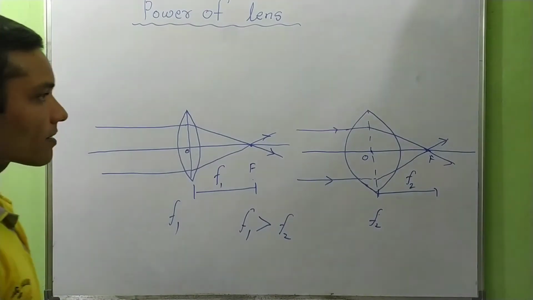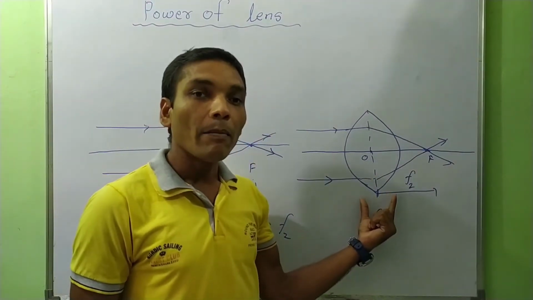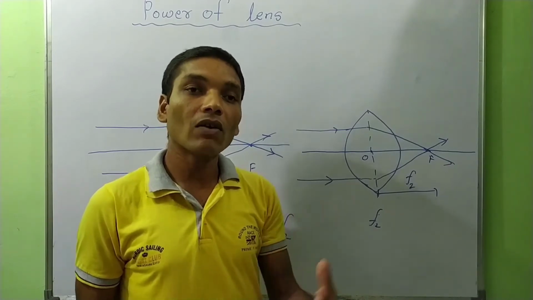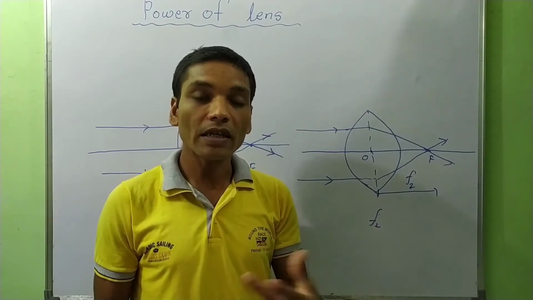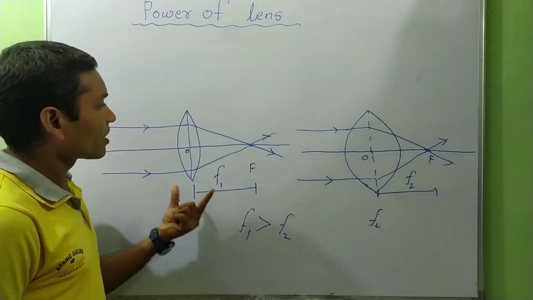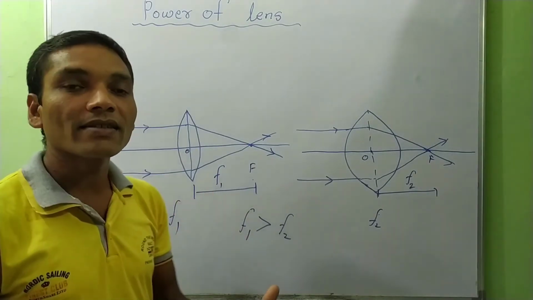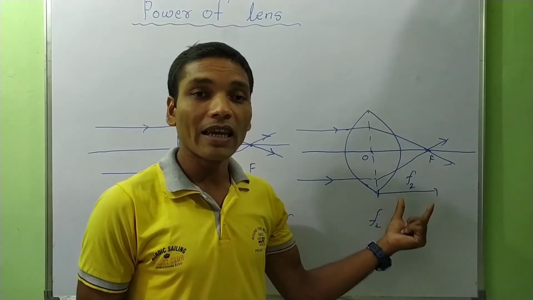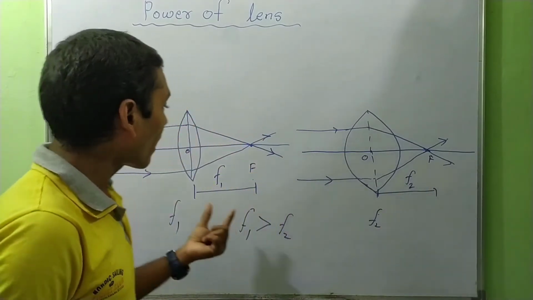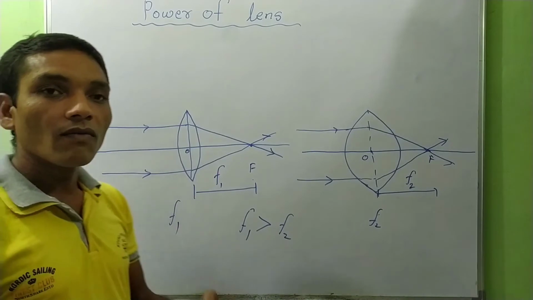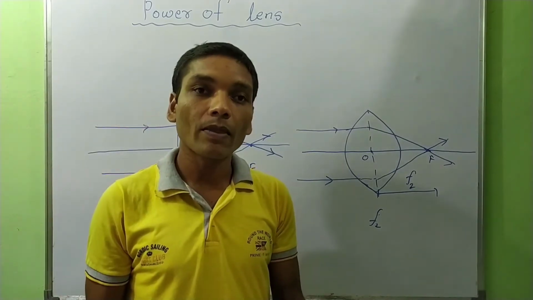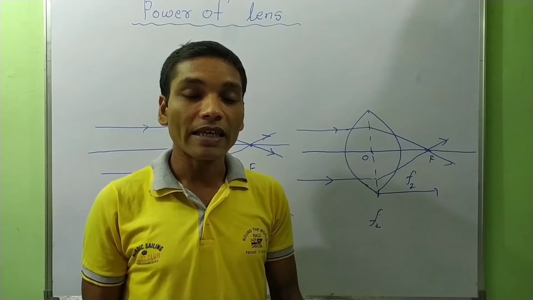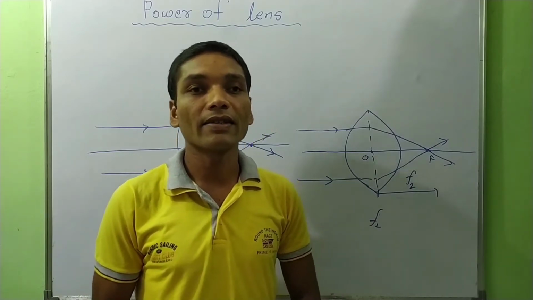Okay, means thick lens bends the light rays more, so the power of thick lens will be greater, because thin lens bends the light rays less than the thick lens. That's why the power of thin lens will be smaller. Okay, this ability is called the power of lens.